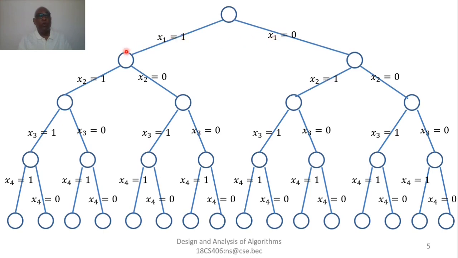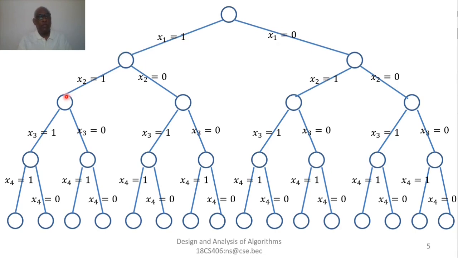So x1 equal to 1 defines a node, and this node indicates the partial solution where weight 1 is included. And by choosing x1 equal to 0, we create a node which indicates the partial solution where the first weight is not included, which means in the solution tuple, the first value will be 0 here. Whereas in the solution tuple, the first value here will be 1.